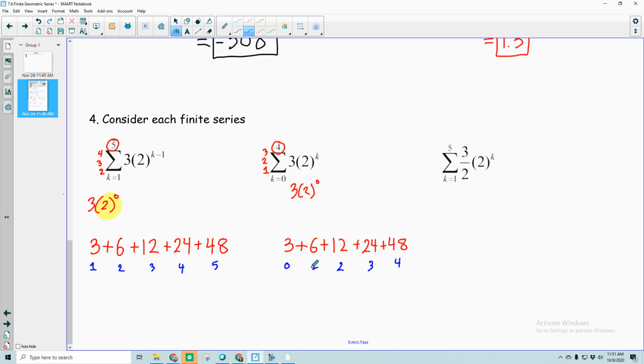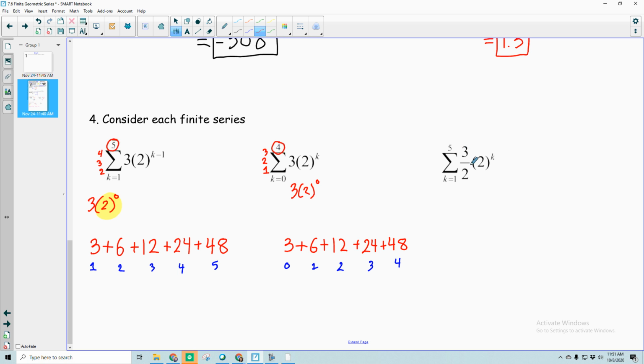If I started at 1, then I would have got 4 numbers, but because I went back a step and started at 0, I actually got the same output as this last series, okay? So I just want to show you that just in case you see some series that start at 0 instead. You can plug them in the same way, and get, for this one, a sum that looks like this, okay?